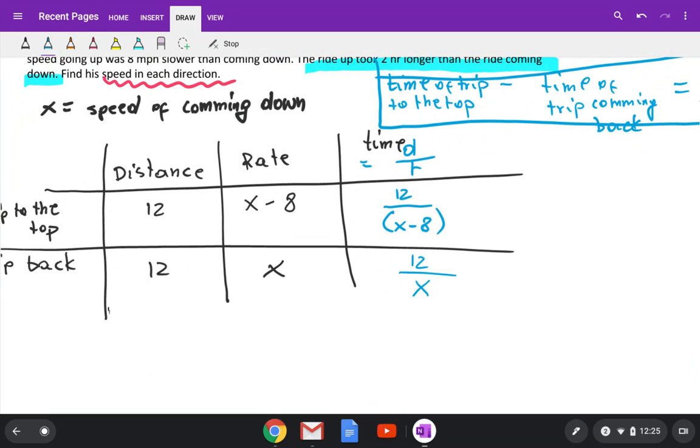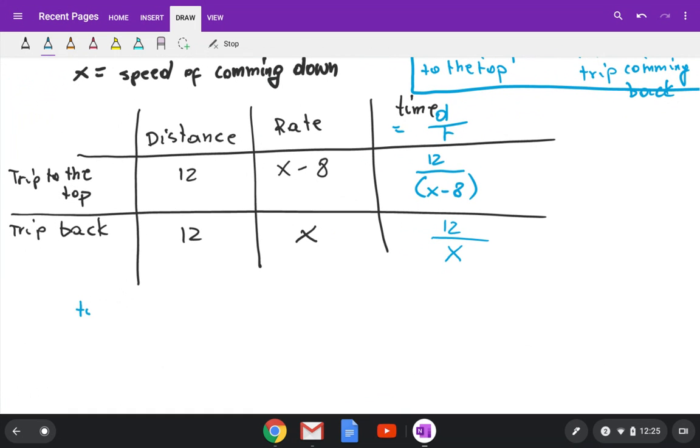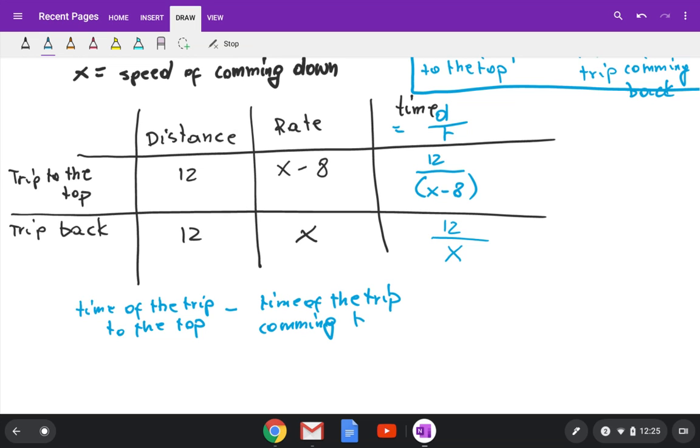So let's just rewrite it. Time of the trip to the top minus time of the trip coming back is equal to... So the trip coming back was shorter.